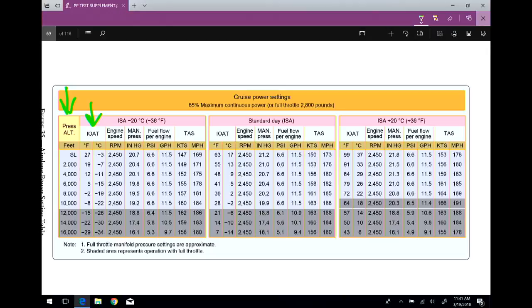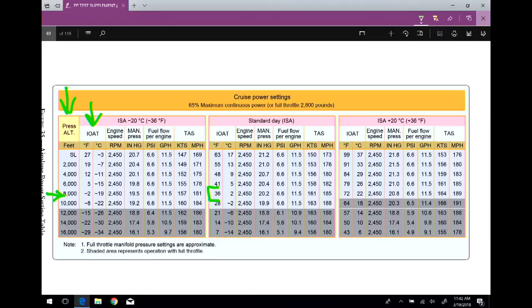So let's look at this. I'm sitting down here in the chair, and I'm trying to reach across this stuff, and hopefully I don't mess this up too much. So let's say on a standard day, let's go with 8,000 feet. So there's 8,000 feet.